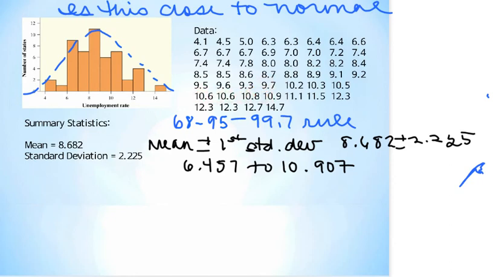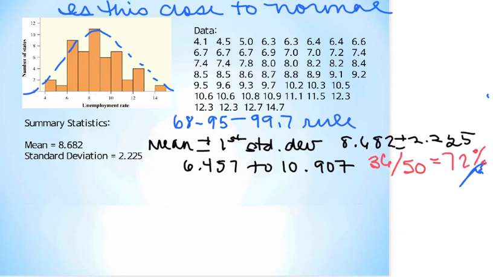We're going to count them: 1, 2, 3, up to 36. So I have 36, if I've typed those in properly, out of 50 that fell within this range, which happens to be 72%.